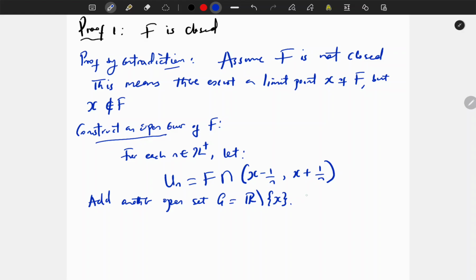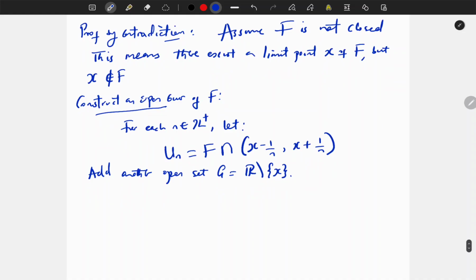So this covers F far from x. That means we have a nice open cover now.